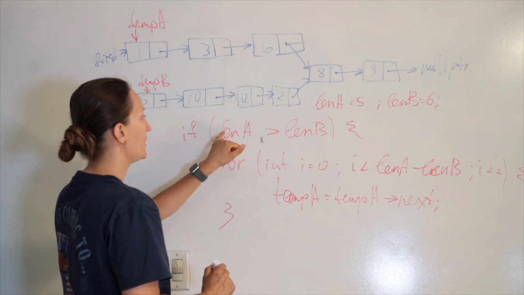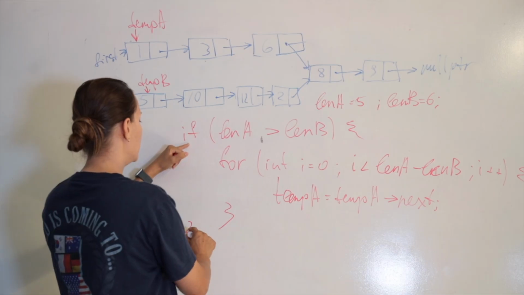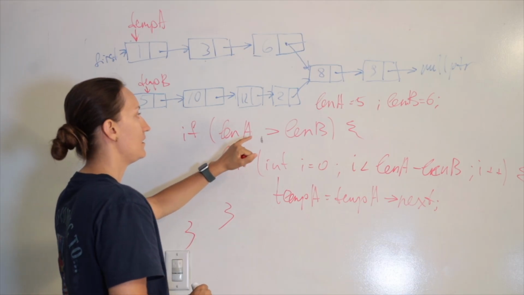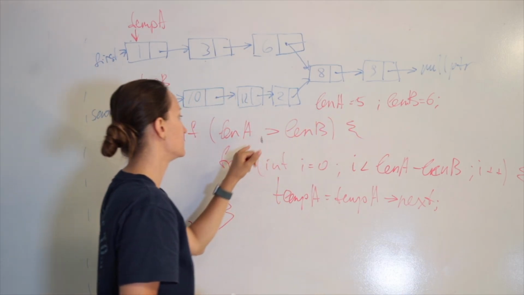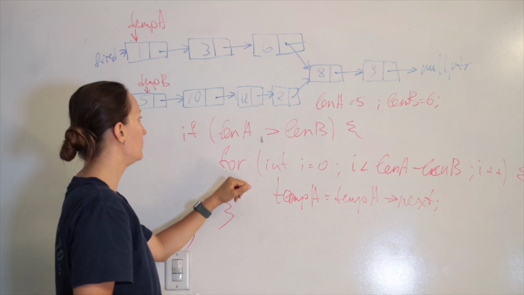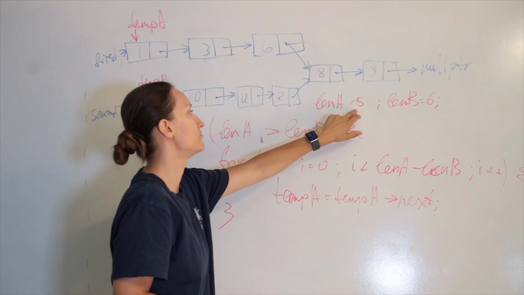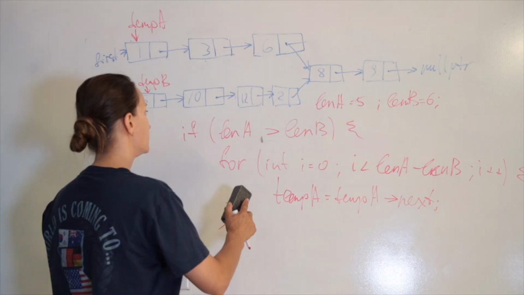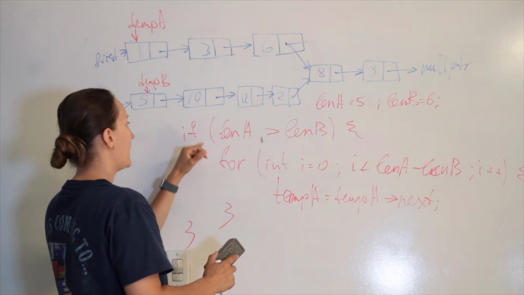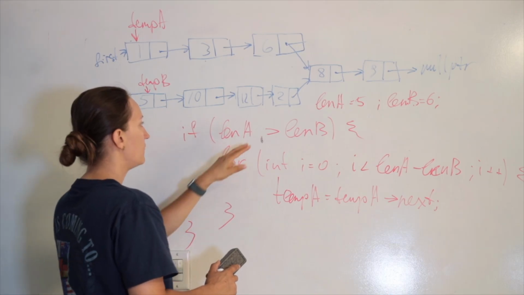But for our case, we will not enter this loop because our len A is not greater than len B. So after we wrote this, we have to write the same thing for len B.